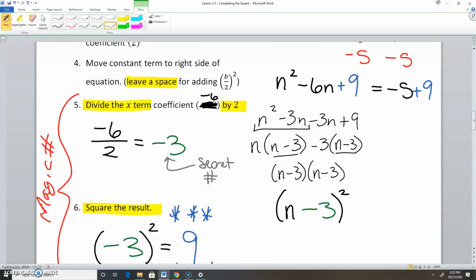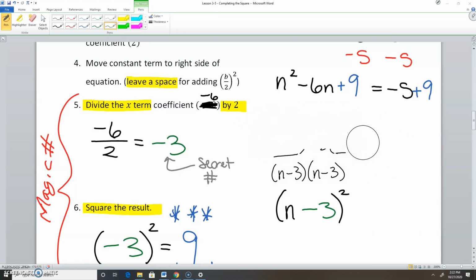And that secret number, whatever you divide by 2, will always show up in these parentheses here. So rather than having you show all this work, we're going to have you find your magic number. And then after you find your magic number, you automatically know it's going to factor into an n something squared. And we're just going to plug in our secret number to that spot there.